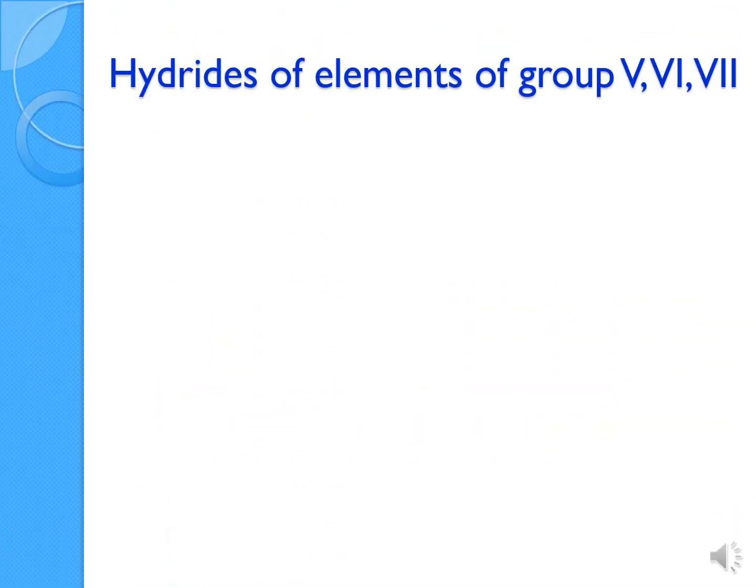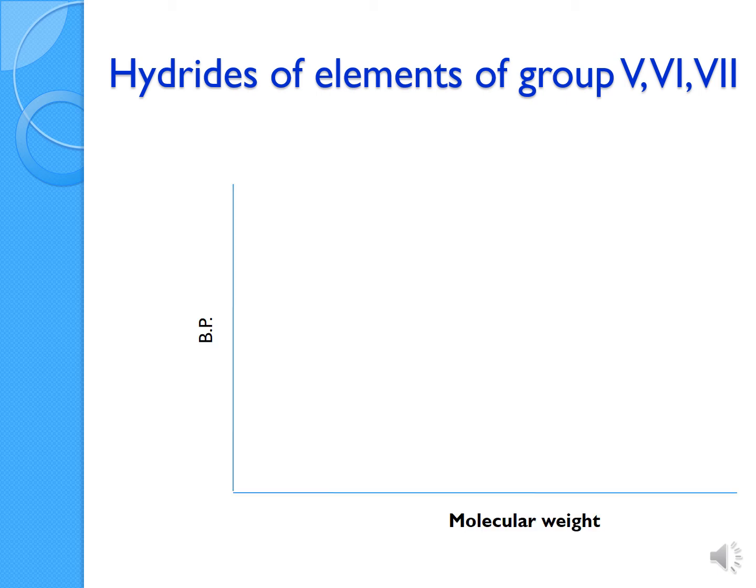Now let's compare the boiling points of hydrides of elements of group 5, group 6 and group 7. Group 5 means the nitrogen family, group 6 is the oxygen family, and group 7 is the halogen family. So if you plot the boiling point of the hydrides of these elements against molecular weight, we will get a graph.